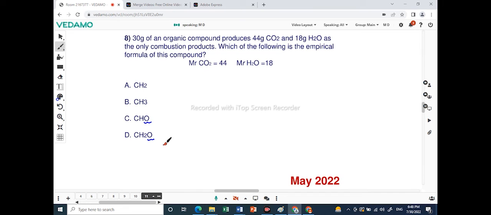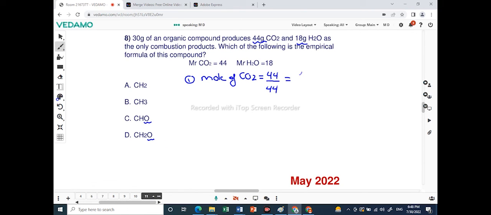So, in this question, we have the mass. So we need to find the mole number, then continue with the calculations of the mole of carbon and hydrogen. So let's start. We will start firstly with the mole of CO2, which is 44 over 44. You will find that all the numbers are simplified easily.